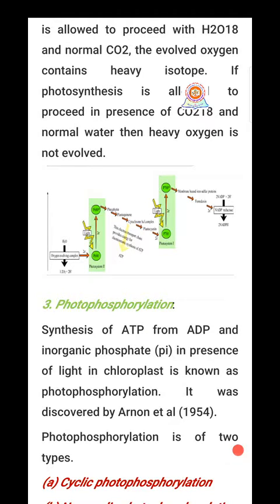The next step in photosynthesis is photophosphorylation. Synthesis of ATP, adenosine triphosphate, from ADP, adenosine diphosphate, and inorganic phosphate in the presence of light is known as photophosphorylation.